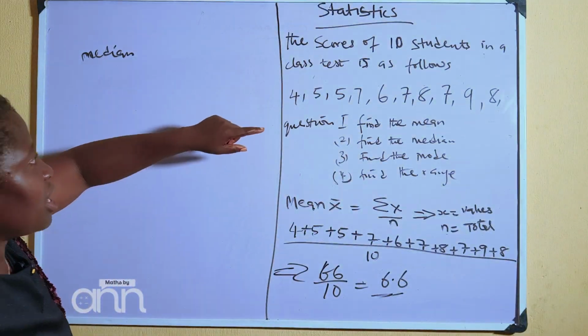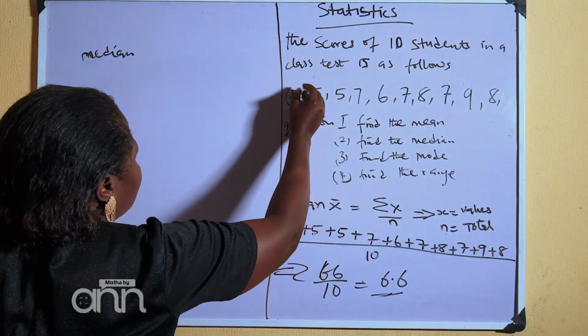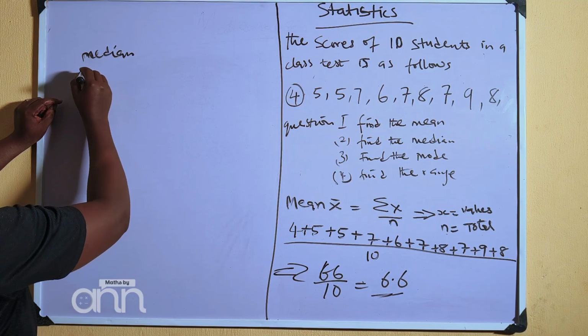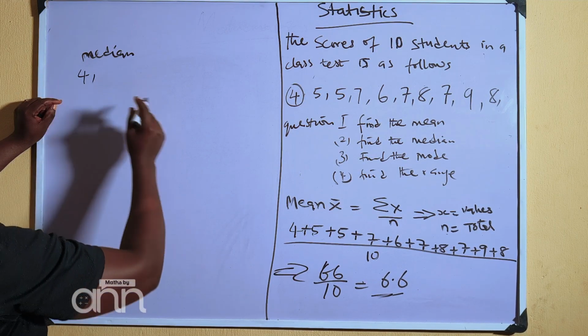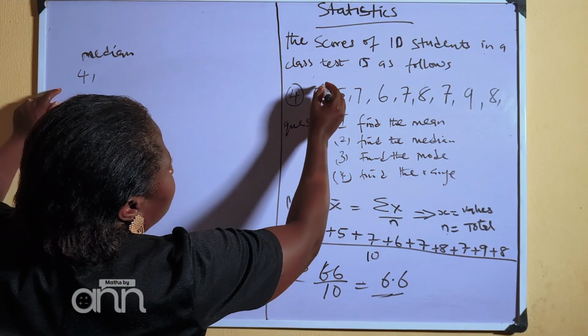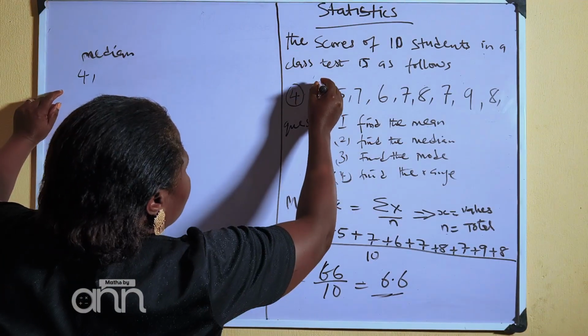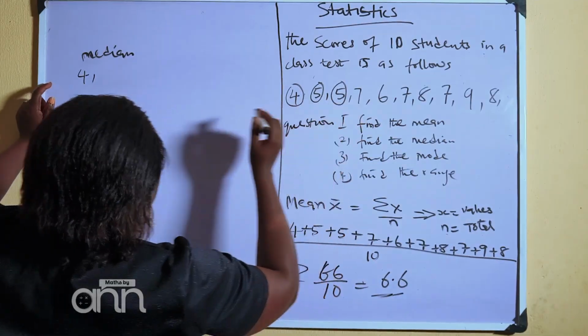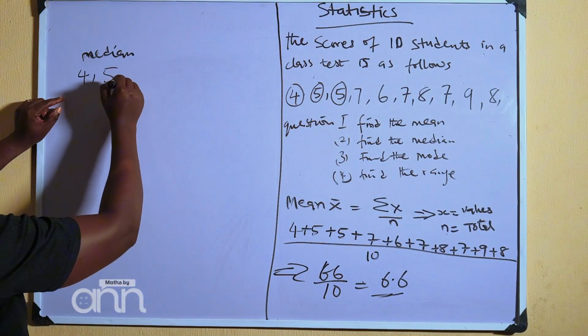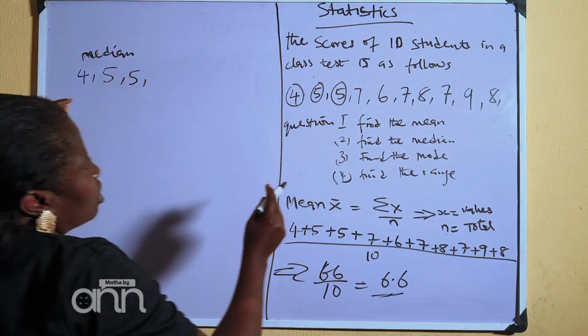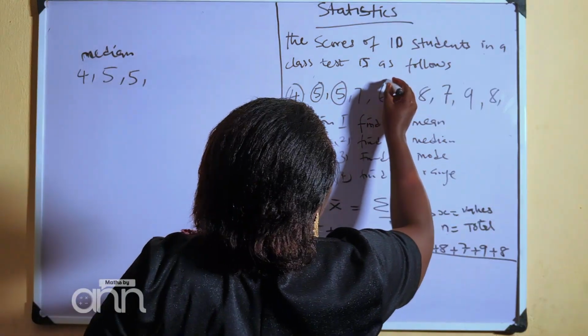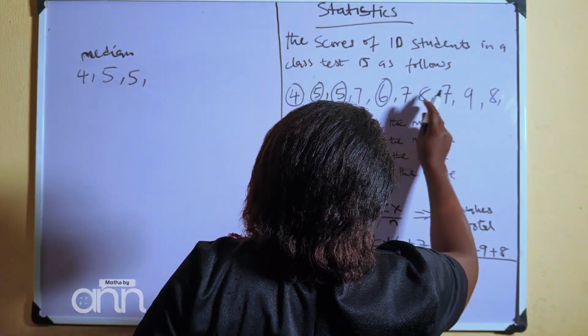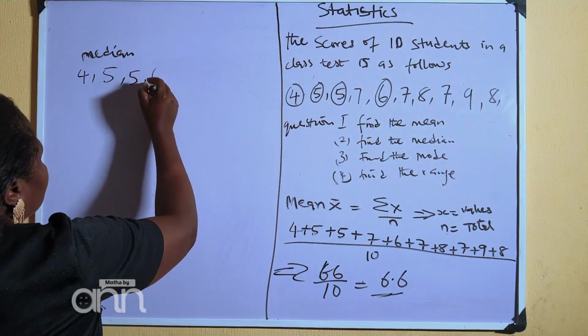The lowest number here is 4. You write 4. 5 is in 2 places: 5, 5. Do we have 6? 1, 6.